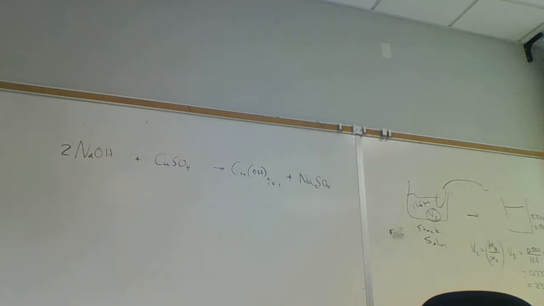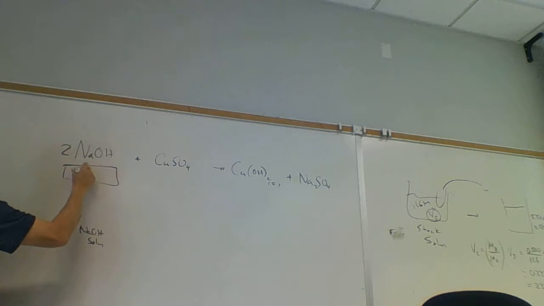And so what we want is the volume in milliliters of sodium hydroxide. That's what we're after. But we're going to have to do this. We're going to have moles of sodium hydroxide.